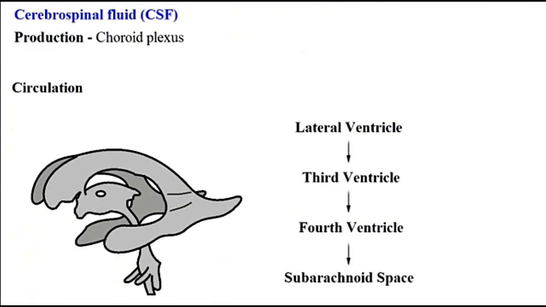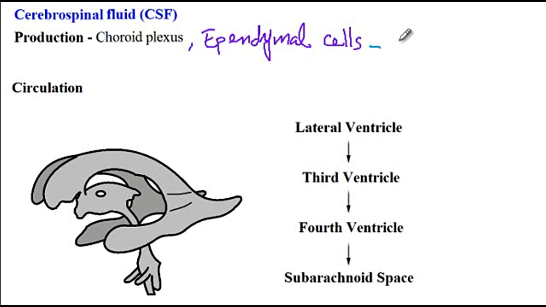So cerebrospinal fluid is being produced by the choroid plexus, and in order to be more specific, it's the ependymal cells of the choroid plexus that produce the cerebrospinal fluid. And these cells are dependent on an active transport system that uses the enzyme carbonic anhydrase.